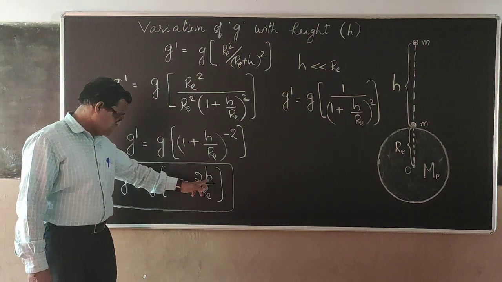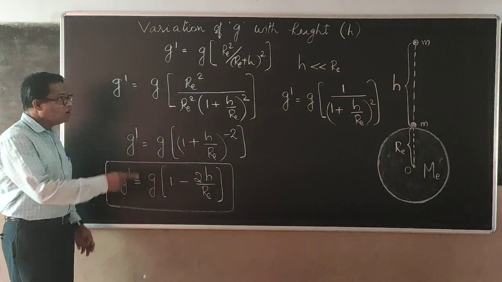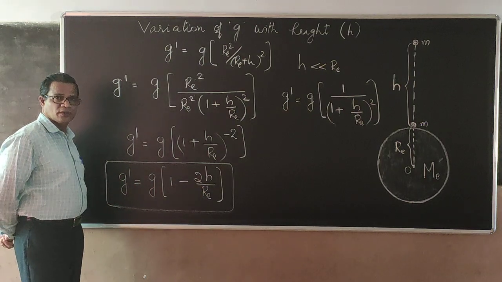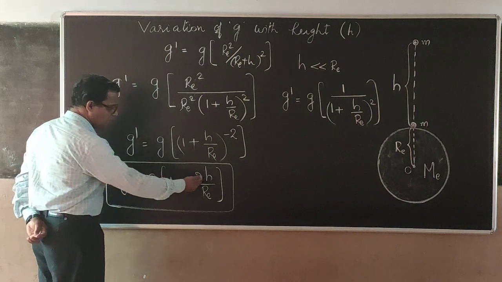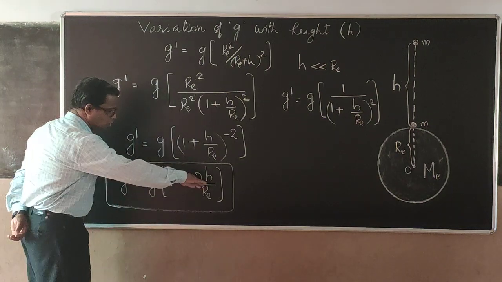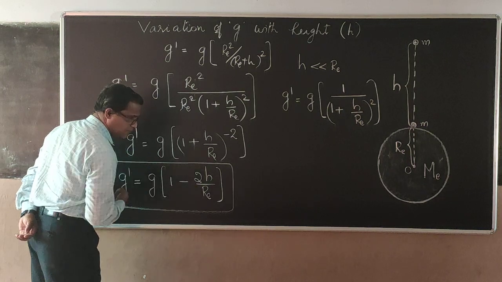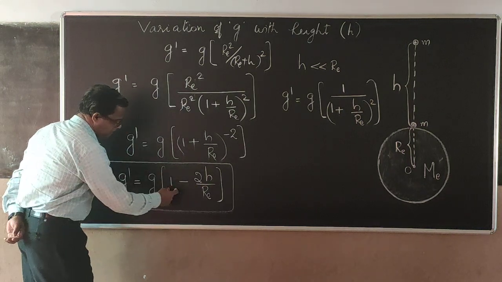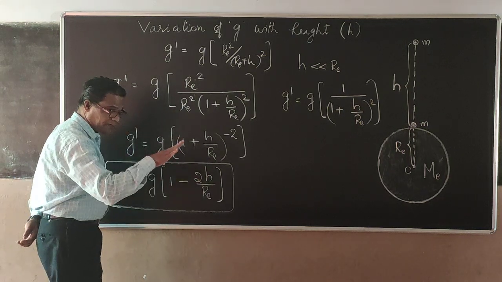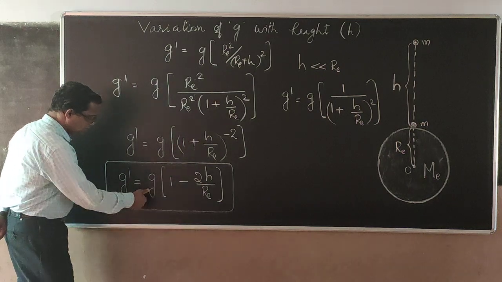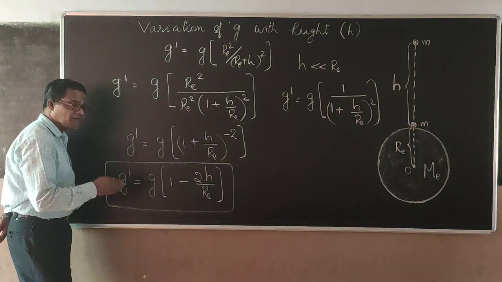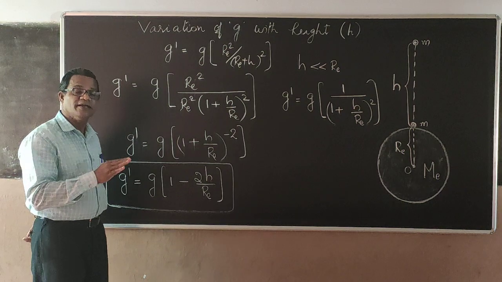So this equation you can apply for very small heights. Now let us see how it is. If H goes on increasing, H by RE will be increasing, thereby 1 minus 2H by RE decreases, and therefore acceleration due to gravity goes on decreasing.